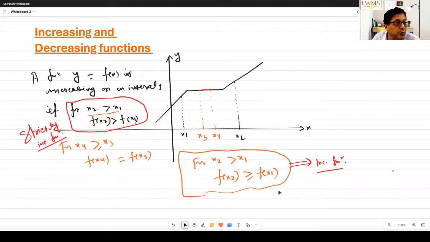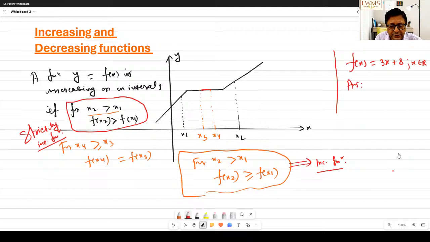Okay, so let us solve one example. For the function f(x) equal to 3x plus 8, where x belongs to R, check whether this function is increasing or not. We will answer in this manner.